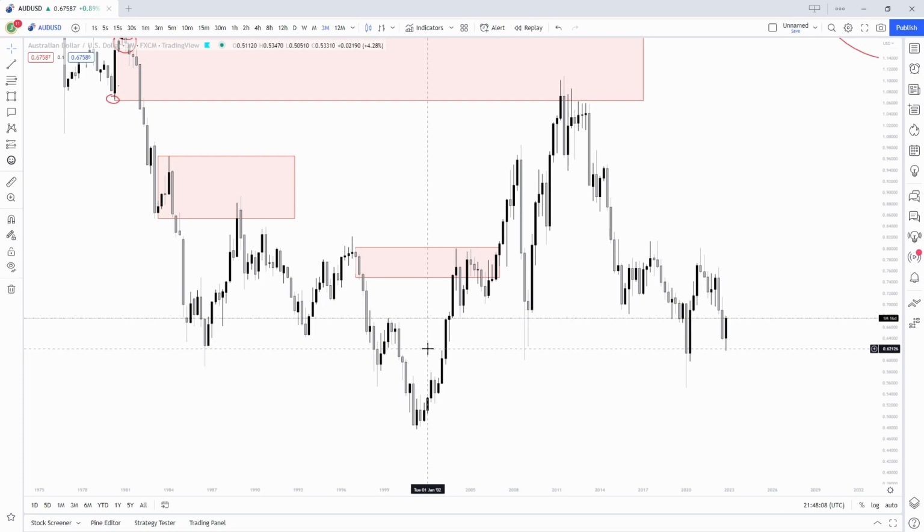We see in this case, we've had a reaction from the zone because the mitigation of the order has had relevance in terms of shifting or changing the supply and demand balance, but it just wasn't quite enough to cause a longer term move.